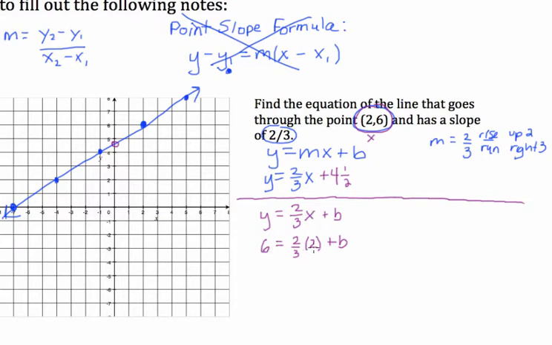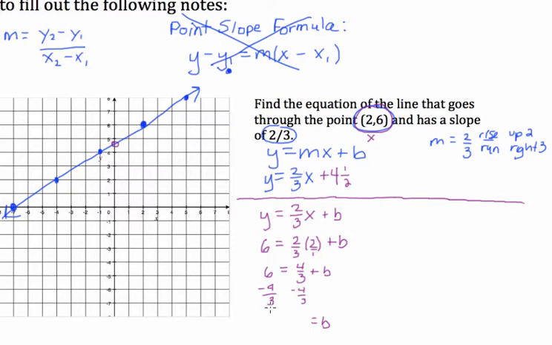But just for now, this will help me to be able to find out what b is exactly. 2/3 times 2, make it into a fraction, multiply the tops, multiply the bottoms, you get 4/3. And then solve for b. Minus 4/3 from both sides. So b is equal to 6 minus 4/3.